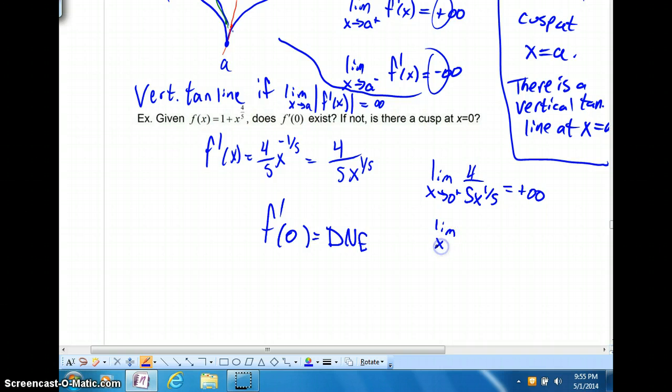If by way of comparison we were approaching 0 from the left, well, we'd be plugging in values like negative 0.001. Now immediately in a 5th root, you need to remember that negatives are okay. In even indexed roots, you can't have a negative plugged in, but here we can.